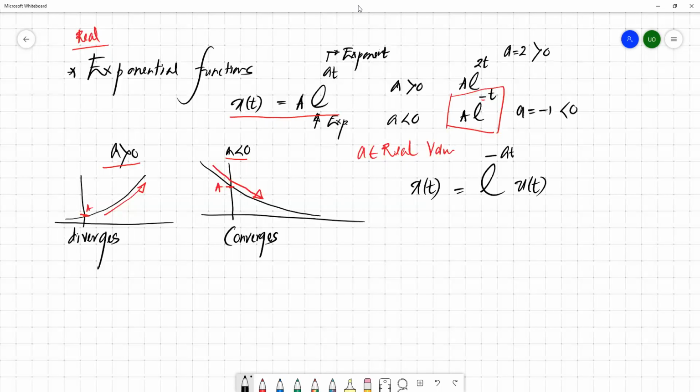E to the power minus at times u(t). Without this unit step, if you just focus on e to the power minus at, it is something like that.